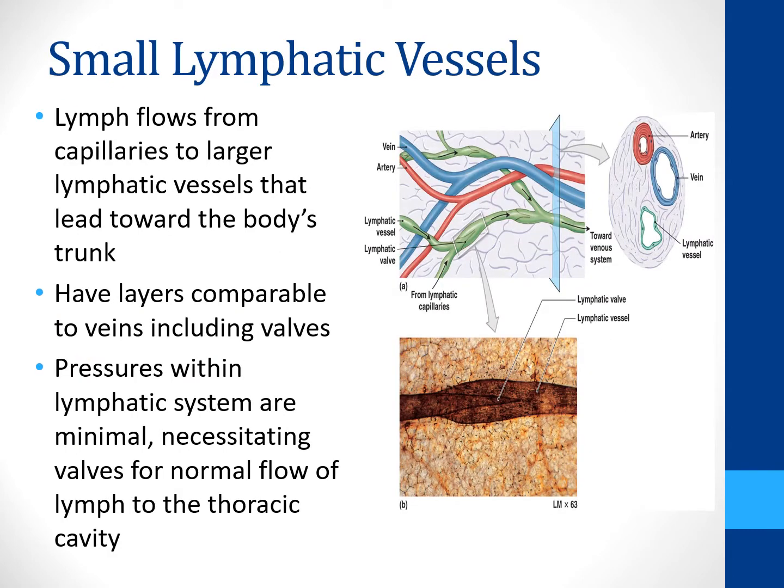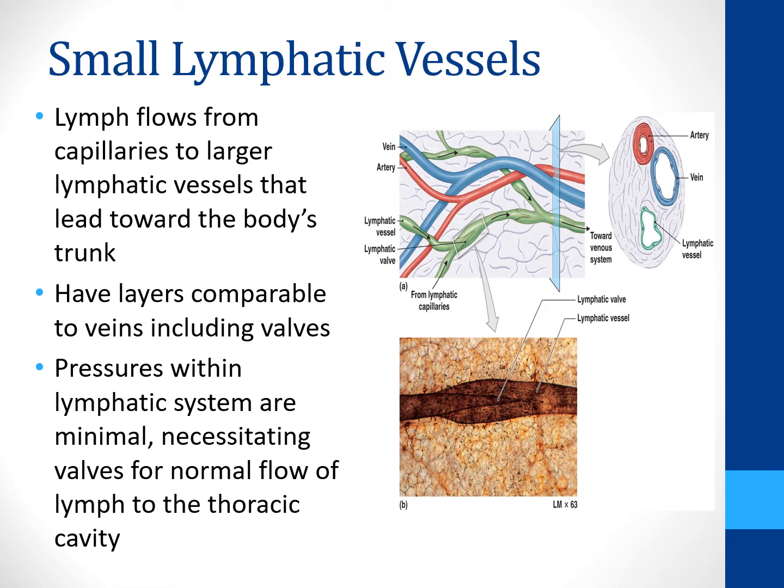The small lymphatic vessels are sort of comparable to our veins. Their walls have 3 layers like veins, but the pressure within the lymphatic system is really minimal, so they do have valves, and the valves help with propelling the lymph in the direction that you want to go.